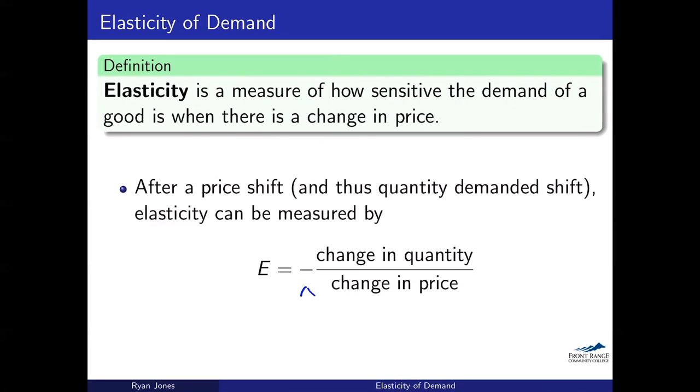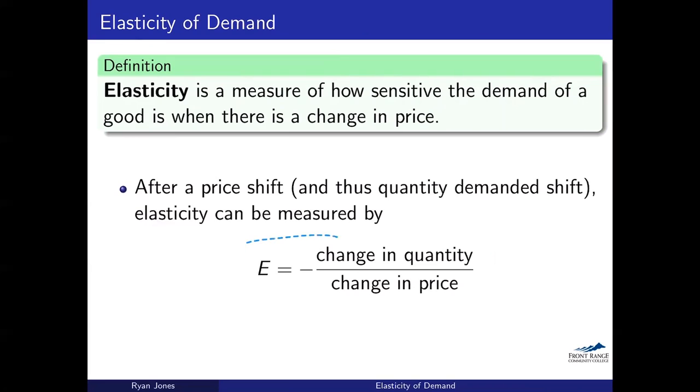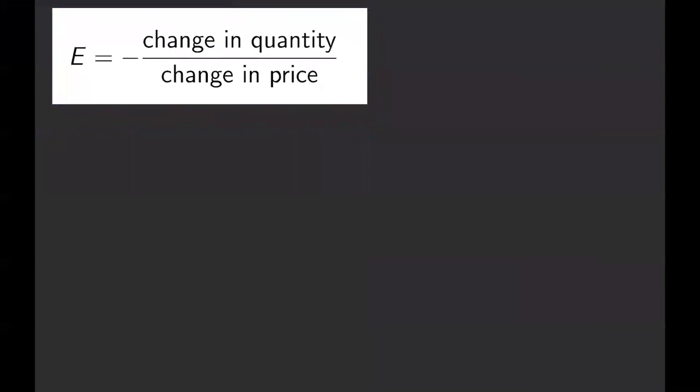You'll notice there's a negative sign here. And so I actually want to explain that negative sign with an example. I'm going to make up some numbers here. I'm not going to be too formal about this. Let's go ahead and copy this formula over just so we can see it while we're doing our example. So we've got this E right here. So let's go ahead and use an example. Let's say we're talking about this gallon of milk.